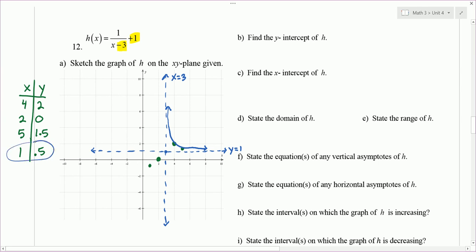The 1.5, I plotted 1 - 0.5. It should be 1 + 0.5. So about right here. Which makes more sense, because the second part is going to look like that. Okay.